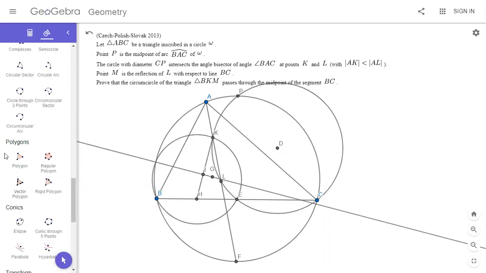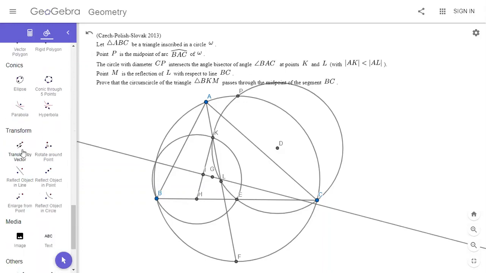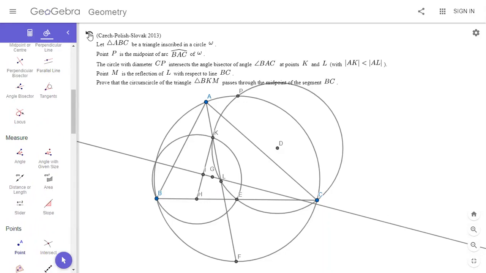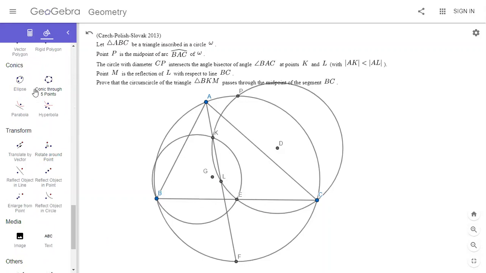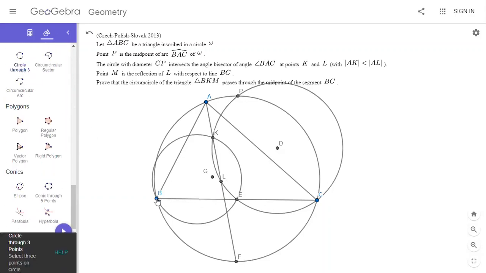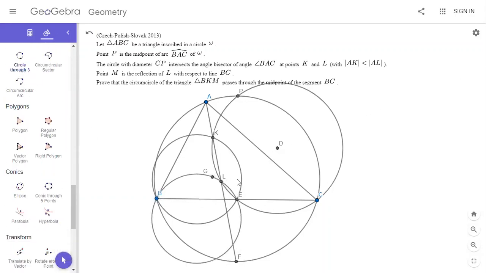Yeah, that should be. I mean, basically, I think it's the same as showing BGLE is cyclic, where G is the orthocenter. So can we show BGLE is cyclic?